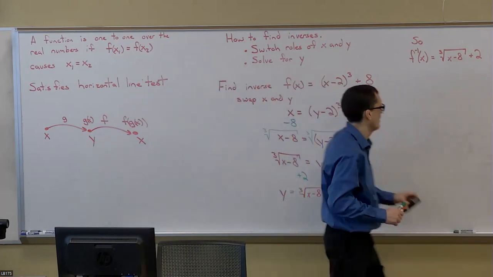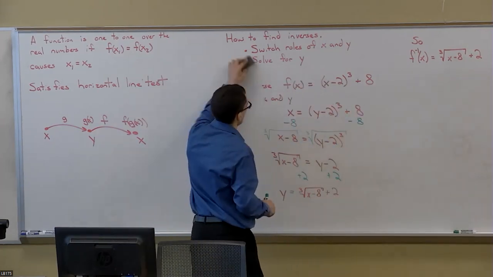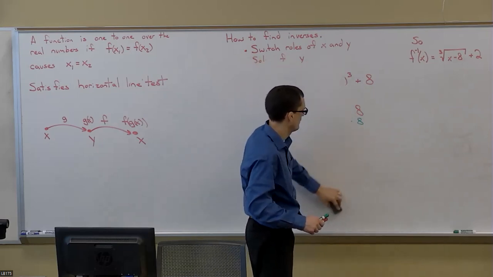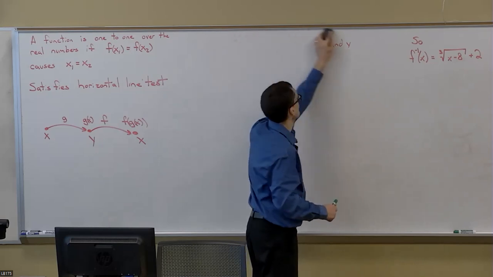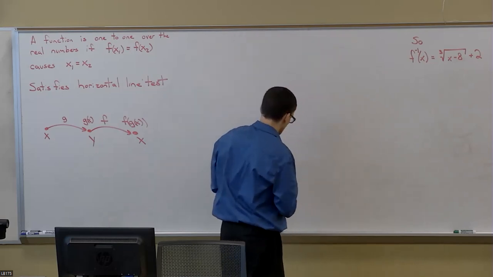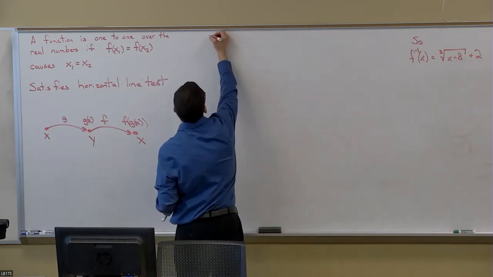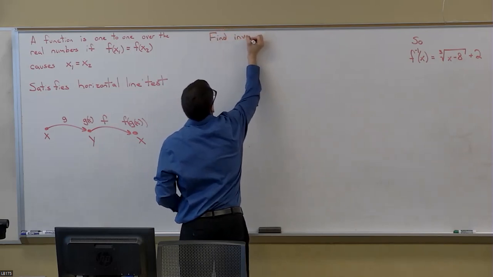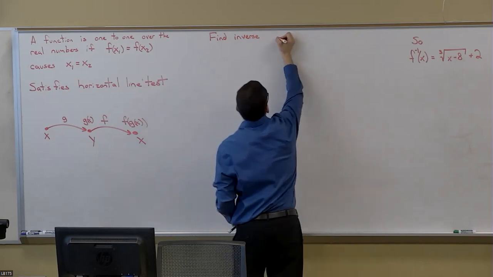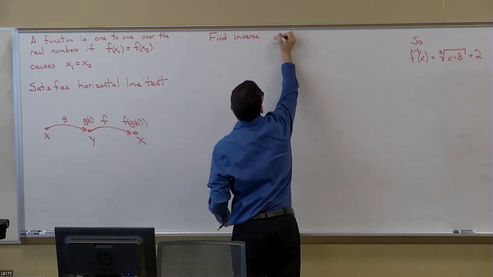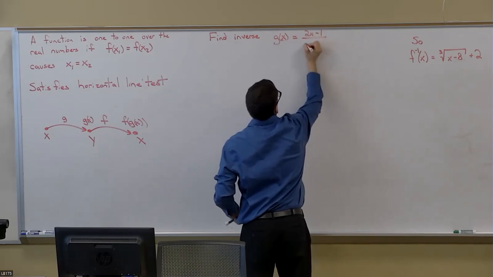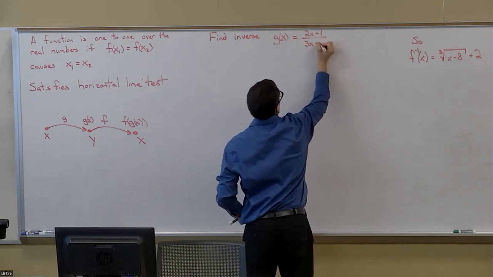Let me do one other. I'll try and do this very quickly because this is one that sometimes people struggle with. Let's find the inverse. I'll call this one g. g of x is equal to 2x minus 1 over 3x plus 6.